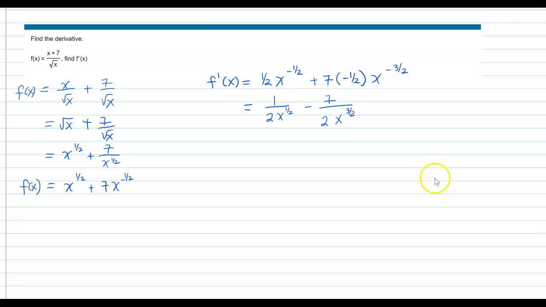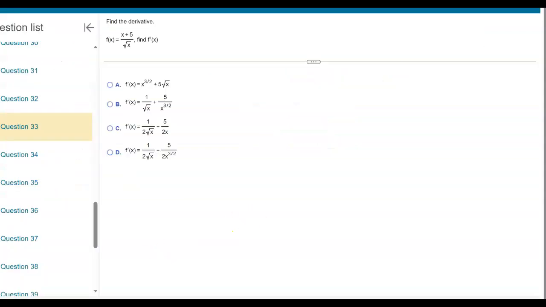If you write this in the denominator, the exponent becomes positive. And now you could write this as 1/2 square root of x minus 7/2 square root of x cubed.